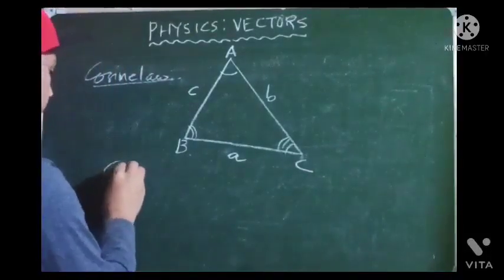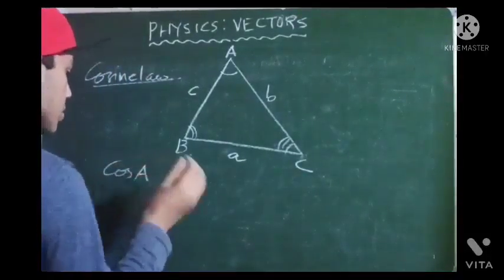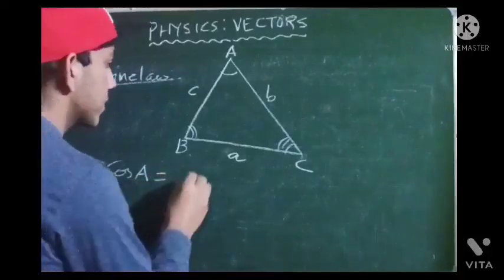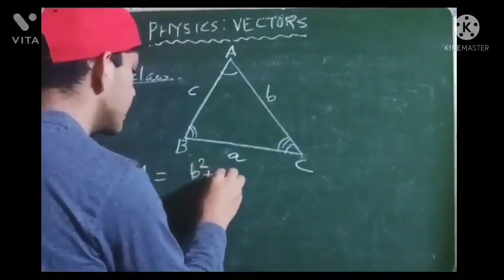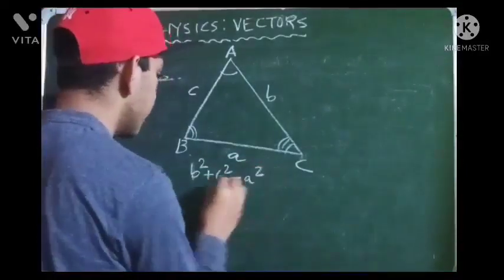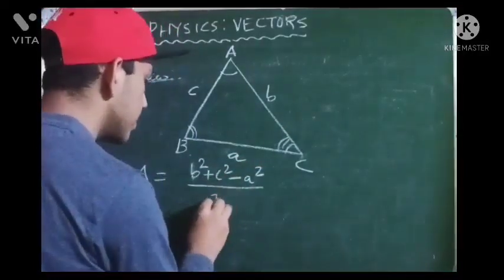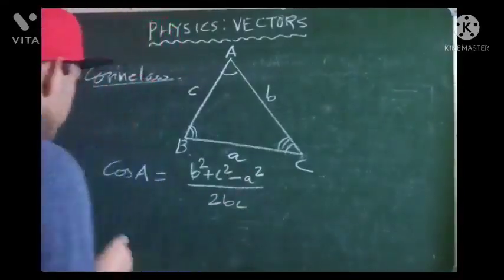Then we can write cos of angle A is equal to b square plus c square minus a square upon twice bc.